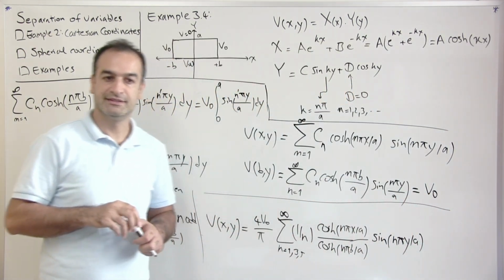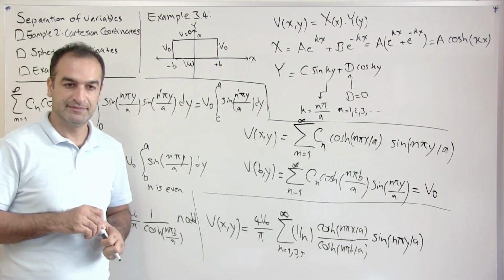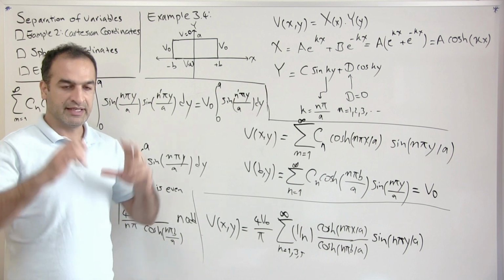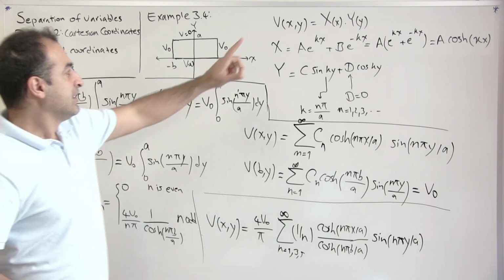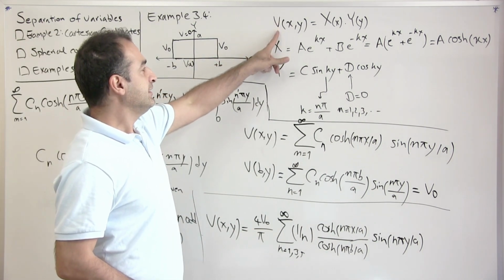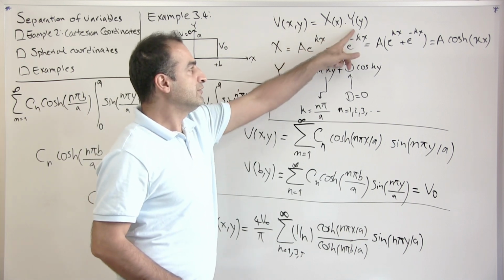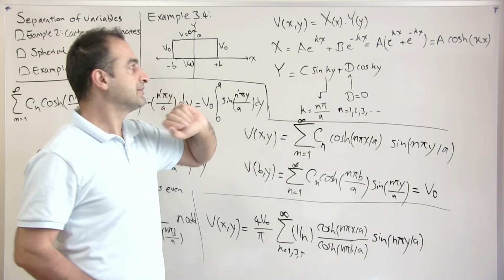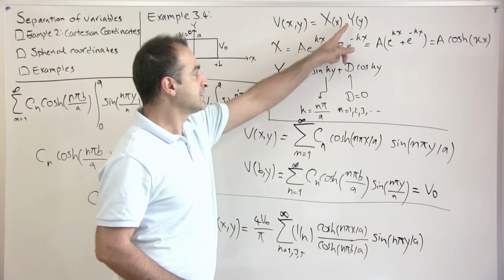Sounds good? Any question? So again, the whole idea is we make an assumption that V is a multiplication of two functions, each being a function of only one single parameter. V is X(x) Y(y).